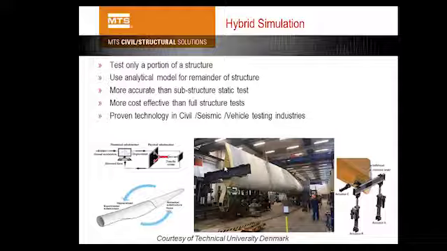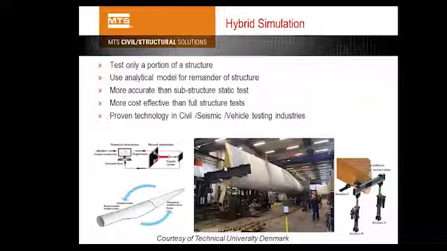So basically, the philosophy for this hybrid simulation is that I break the system down: part of it is the computational substructure, part of it is the physical substructure. How do I choose which part to test? The philosophy is you model the part in which you have more confidence. For example, with a building structure, you might have a pretty good model.